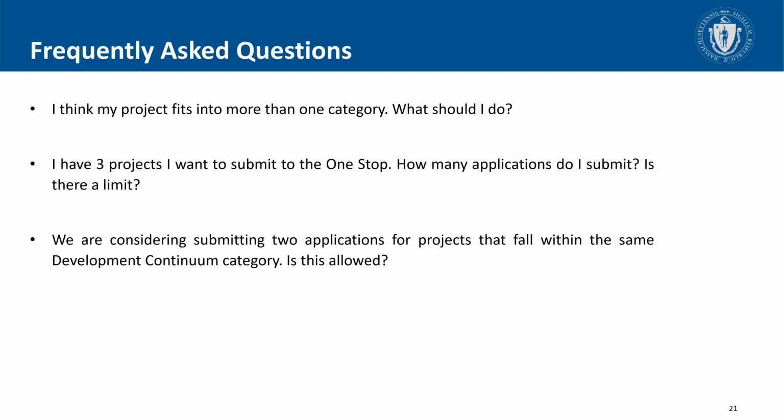You'll be able to directly ask the program managers questions like that. They won't tell you whether you're likely to get funded, but that's a great question for an office hour to see if a situation like that is more appropriate as one application or two.